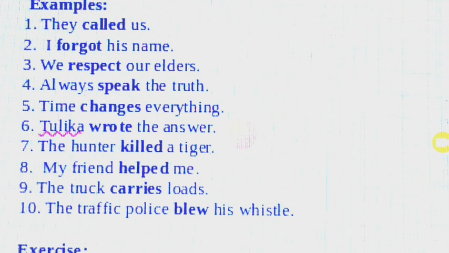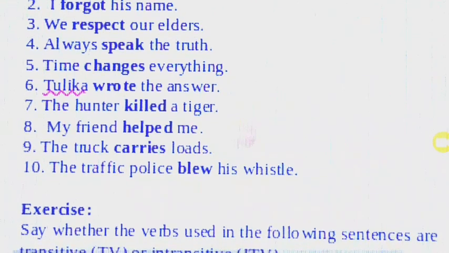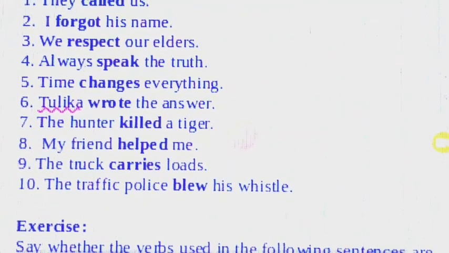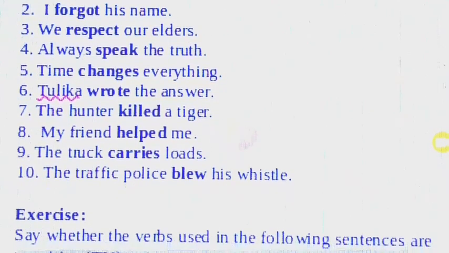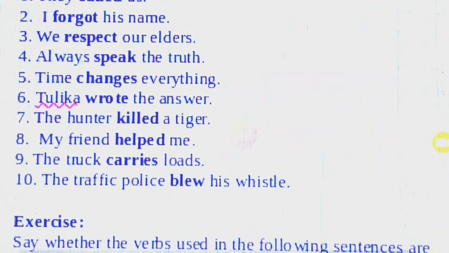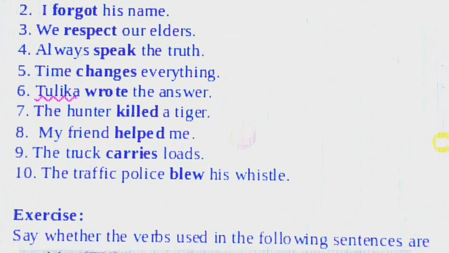In the same way, we have more examples. Time changes everything. Here, time is the subject, changes the transitive verb, everything the object. Tulika wrote the answer. Tulika is the subject, wrote is the main verb, transitive verb, and the answer is the object. The hunter killed a tiger. Killed is here the transitive verb, a tiger the object, and the hunter the subject.